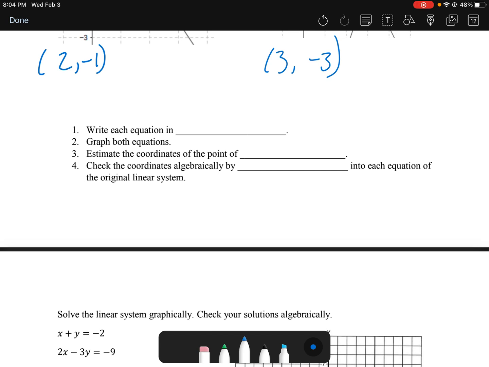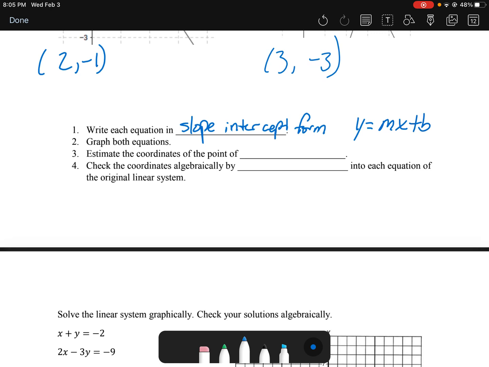I wrote it out in 4 steps. Step number 1, write each equation in slope-intercept form, or y equals mx plus b. Once you have them in slope-intercept form, you can go ahead and graph those two equations.